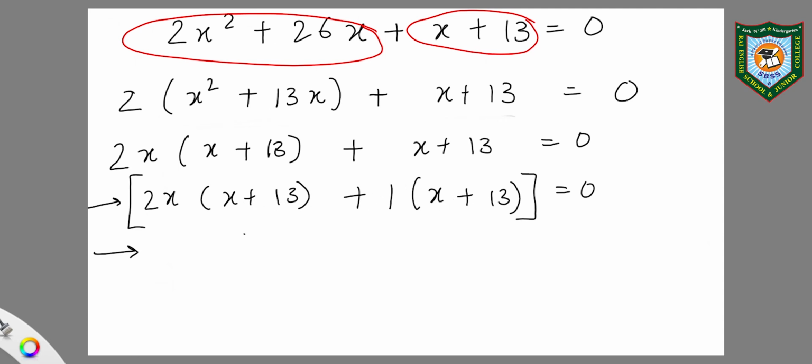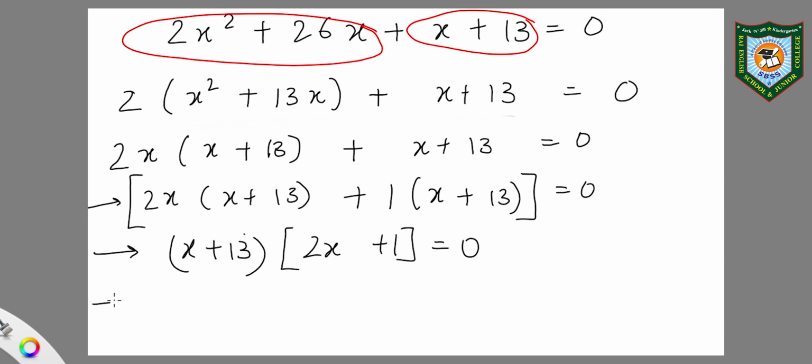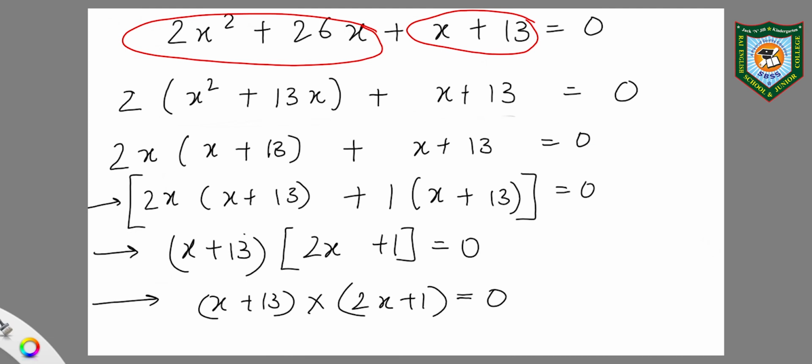So now I can take out x plus 13 common outside the bracket, and I am left with 2x plus 1 inside the bracket. So that means my two factors become x plus 13 into 2x plus 1, and this complete product should be equal to 0.